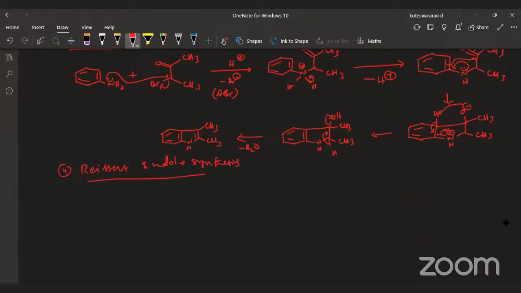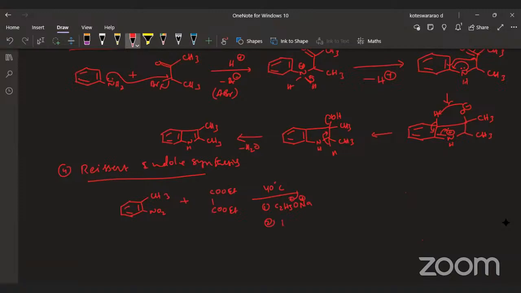In this Reissert indole synthesis, we are going to take 2-nitrotoluene. That is treated with diethyl oxalate, and warm it at 40 degrees centigrade. Then add sodium ethoxide, C2H5ONa.